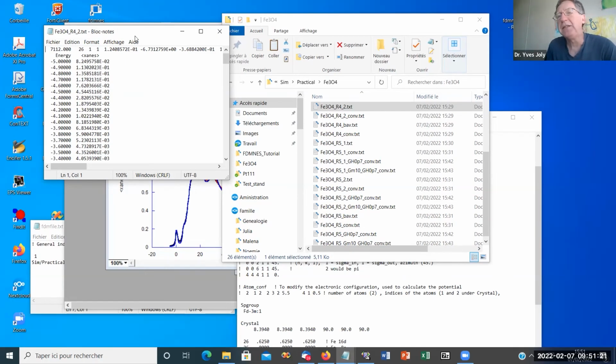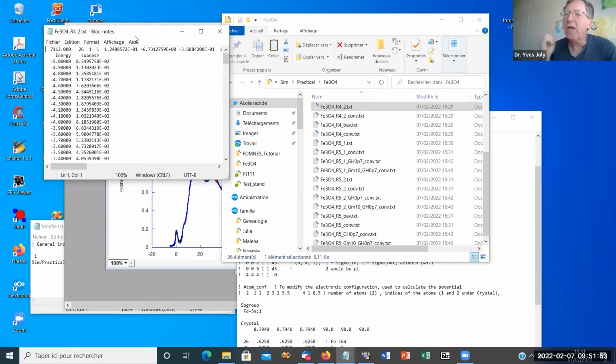Normally, if the calculation is well done, even if it's not perfect, and I've already published about that, it's possible to reproduce rather well these relative shifts between different oxidation states. So at the end, if all is well done with a unique shift defined for the reference sample, it should be the same for all the other materials.